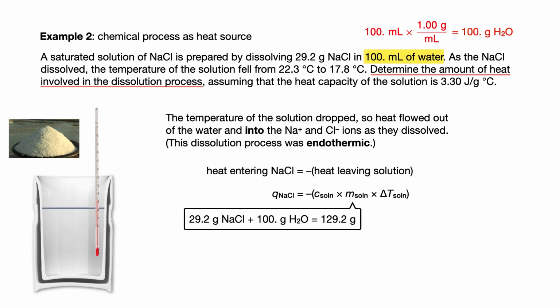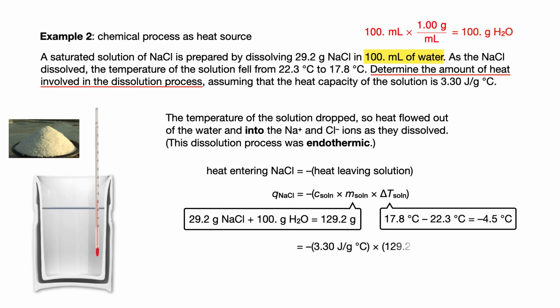And then the temperature change is the final temperature, 17.8 degrees Celsius, minus the initial temperature of 22.3 degrees Celsius, and that works out to be negative 4.5 degrees Celsius, and that is to say the temperature dropped, so the temperature change was negative.